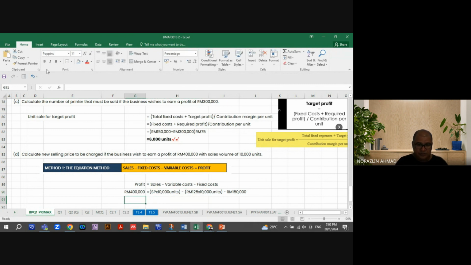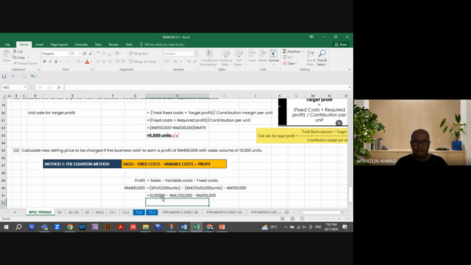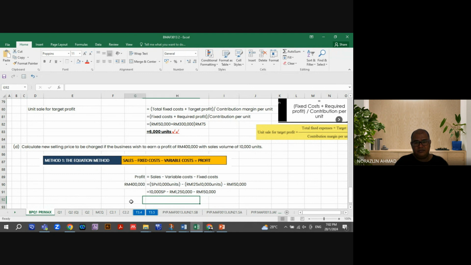So from here, what you will get, in this mathematical calculation, yeah, 10,000 SP minus RM 1.25 million minus RM 150,000 equals RM 400,000.